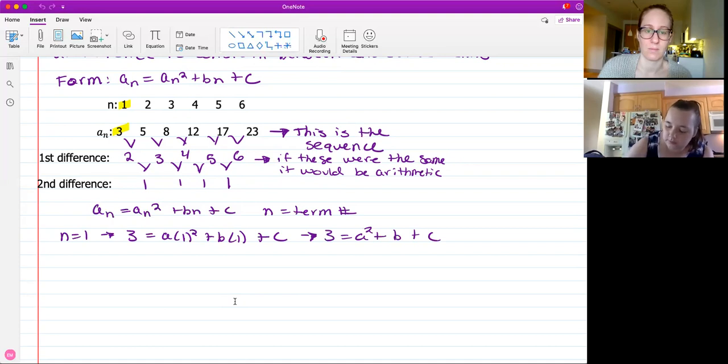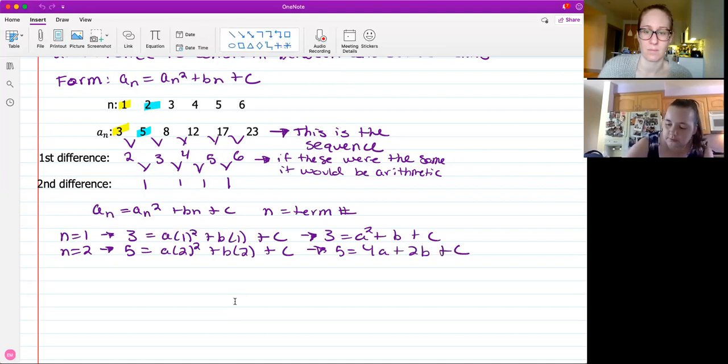Okay, so then we have n equals 2. So we have n equals 2, and that's 5. So 5, and then we have a 2 squared plus b2 plus c. And that one simplifies to 5 equals 4a plus 2b plus c.